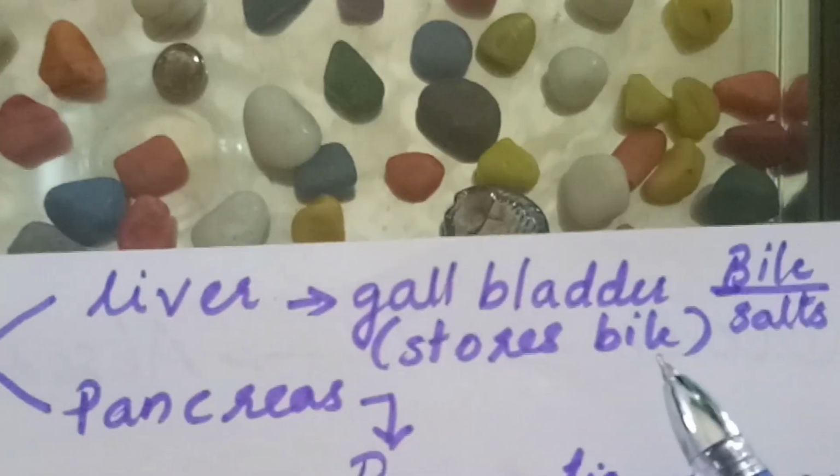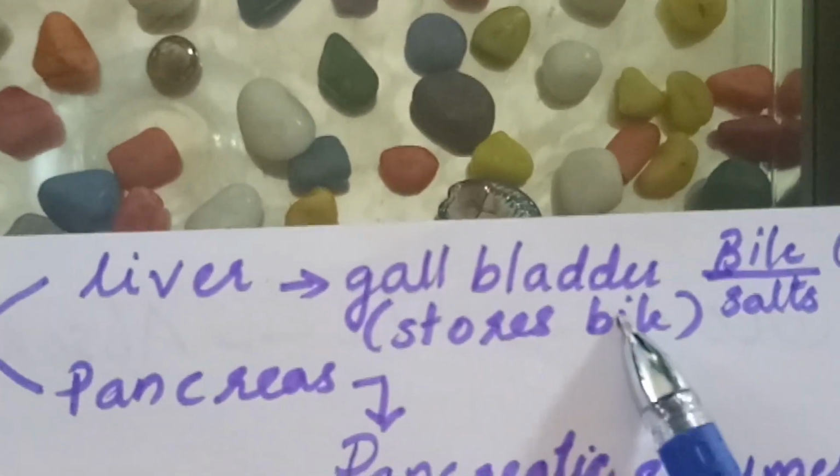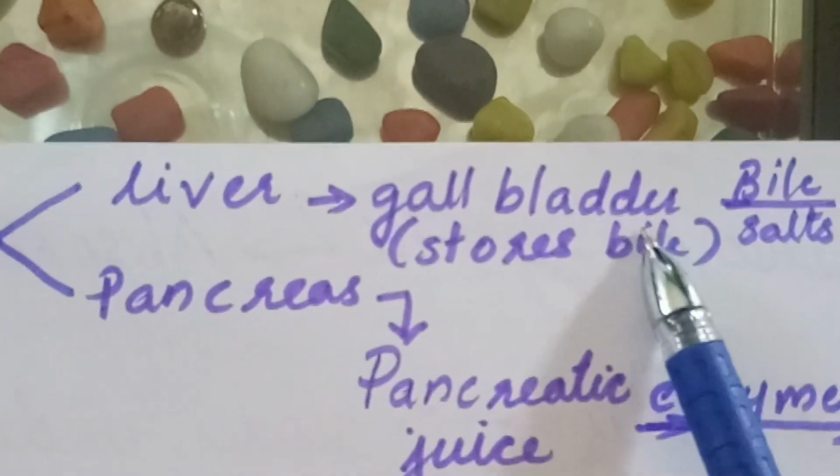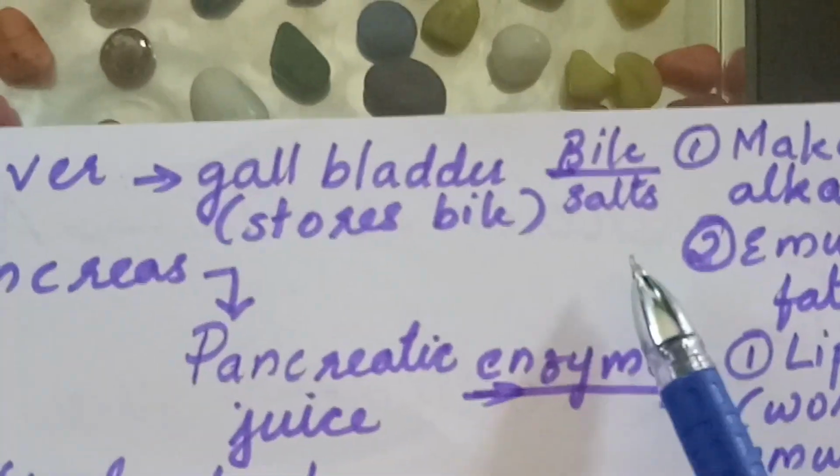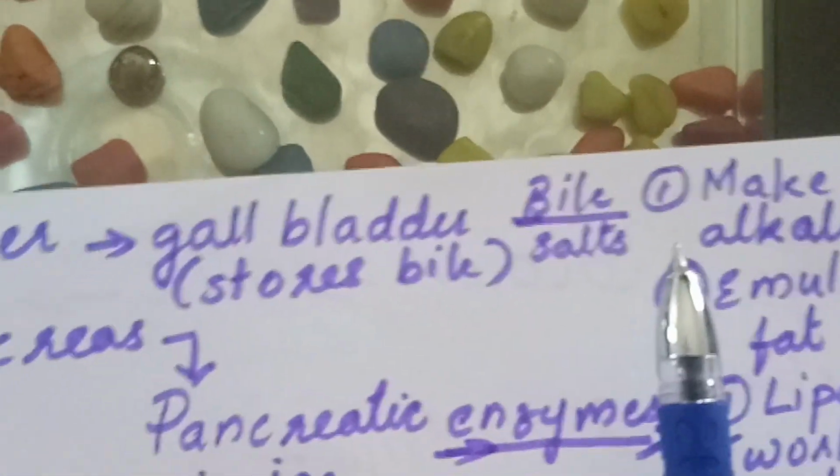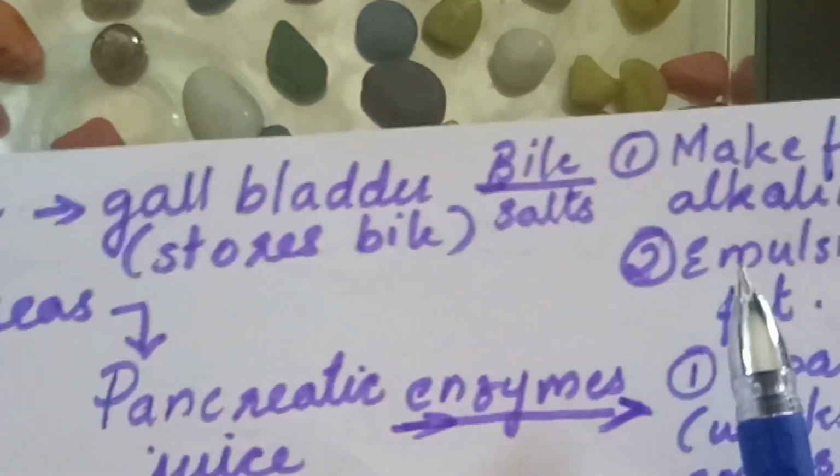In the small intestine, the first part, the duodenum, receives fluid from the liver and pancreas. The liver has a gallbladder which stores bile. The gallbladder is a small sac-like structure, and the bile has alkaline salts in it.